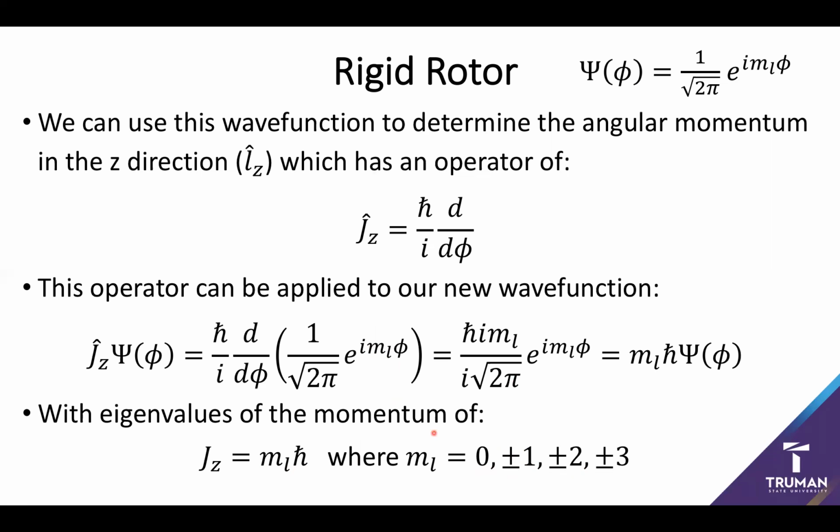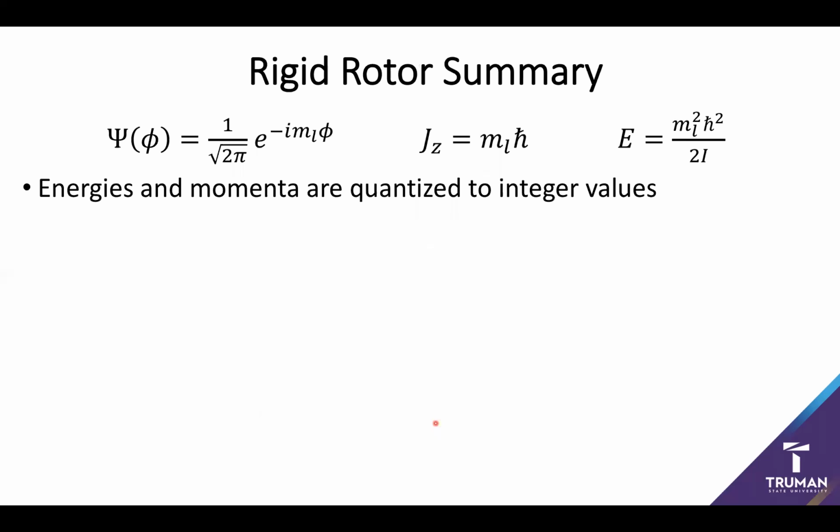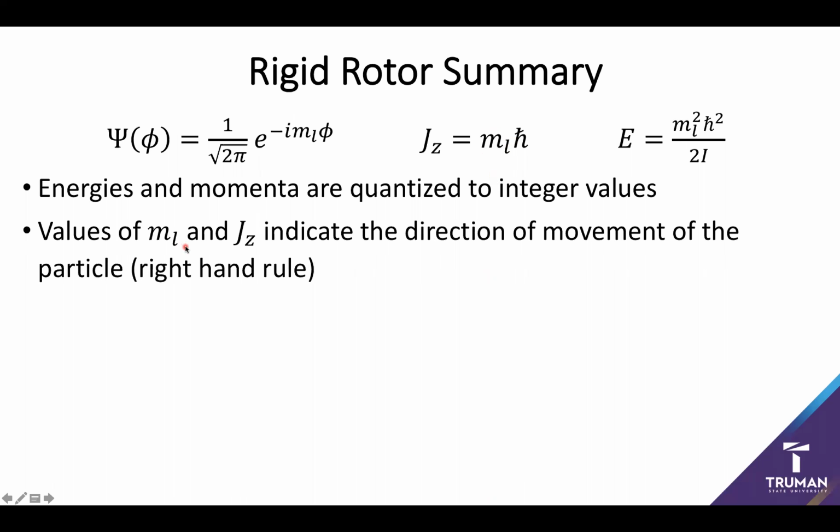However, I want to take this as an opportunity to review some of the lessons from our basic rigid rotor. First of all, make note that energies and momenta are going to be quantized to integer values. And this is actually really important because we usually don't think about translational and rotational motion in a molecule being quantized, but it turns out they are. And more importantly, using our quantum numbers, we can actually get a lot of information about the direction of movement.